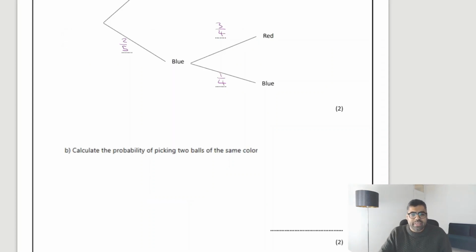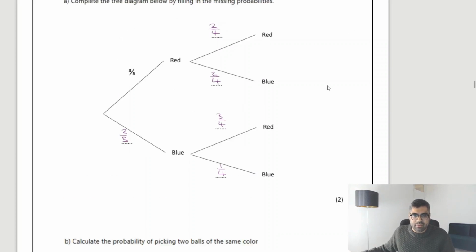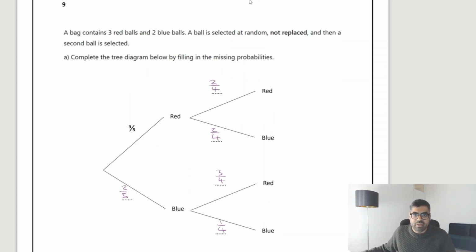So part B, we need to calculate the probability of picking 2 balls of the same colour. So let's have a look at our tree diagram. Which routes can we take which will give us 2 balls of the same colour? Well, that's either going to be this route here, red and red, or it's going to be blue and blue.